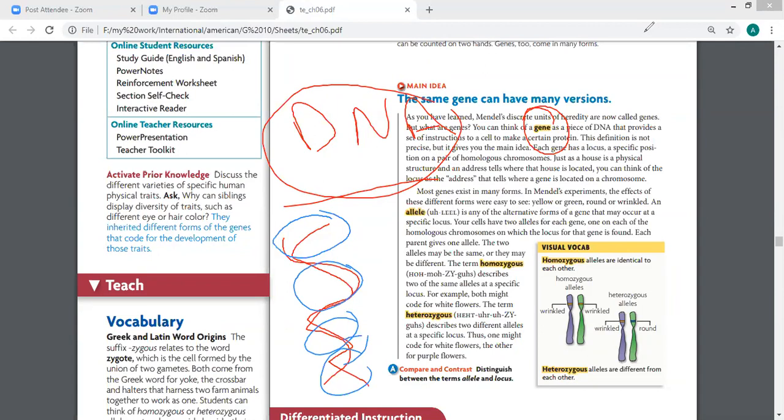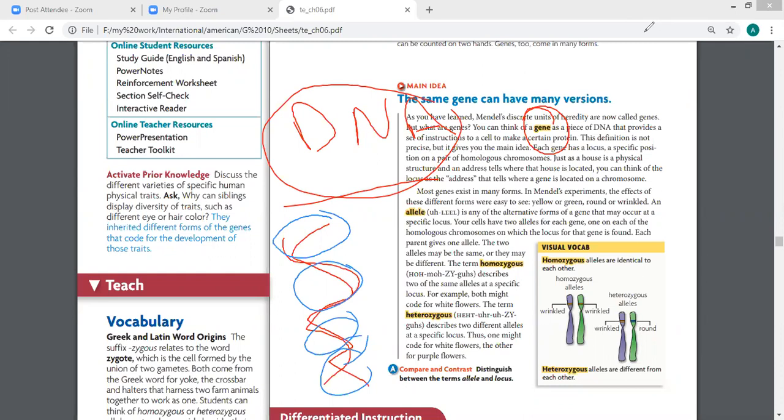Each gene carries a specific trait. The appearance of this specific trait, for example the yellow hair color, appears by a specific protein, which is worked on by a specific enzyme. So gene, not DNA. A gene is a piece of DNA.